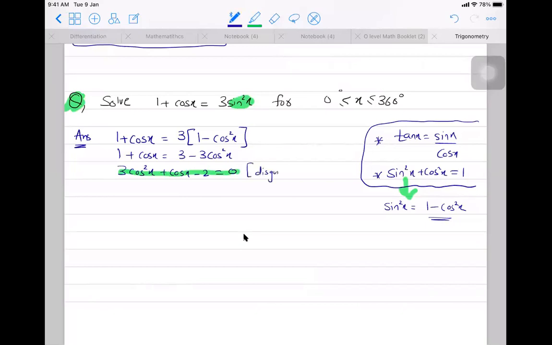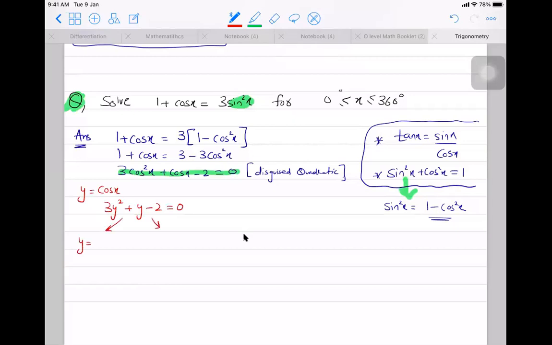I call it a disguised quadratic because obviously it's not a quadratic equation, it's a trigonometric equation. You can replace cos x with y. Let's say you replace cos x with y, then it's going to give you 3y square plus y minus 2 equals 0. This is a quadratic equation and you can solve for y.